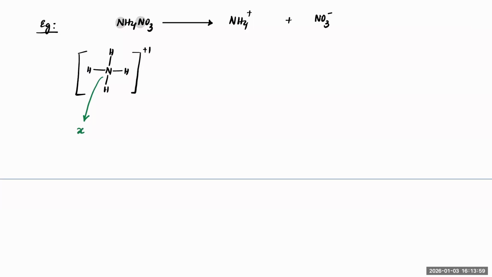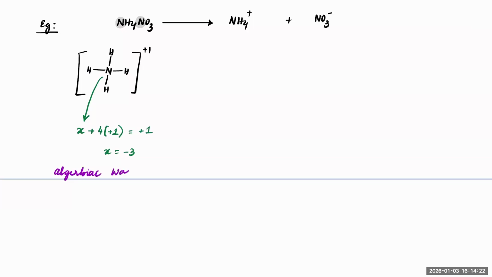If X is the oxidation state of nitrogen, there are 4 hydrogens and each one has oxidation state +1. Overall, it has +1. So X will be equal to -3. Correct?